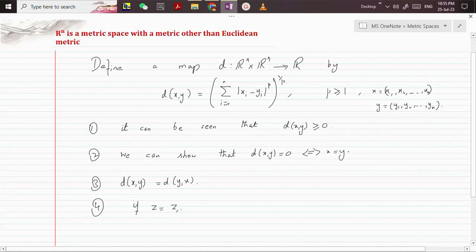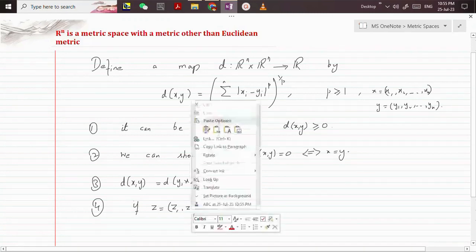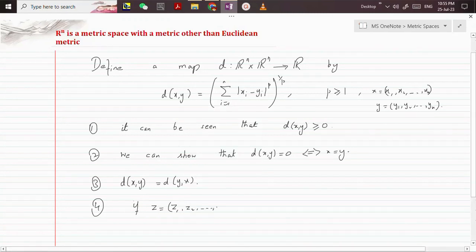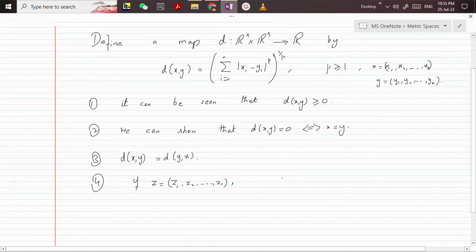So if z is equal to the n tuple z1, z2 up to zn, then we shall show that D of xy is less than or equal to D of xz plus D of zy.